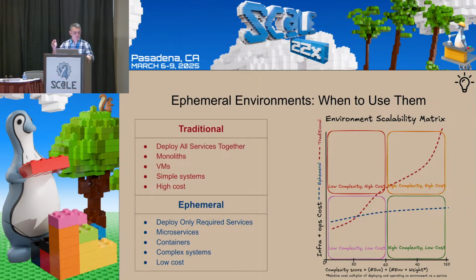It doesn't matter whether you have 10 or 100 environments. It's the same infrastructure that is supporting it. You might need more compute resources to run these services, but operational cost does not increase. And how we calculated this is essentially with the complexity score, which is the number of services plus number of environments times some weight.